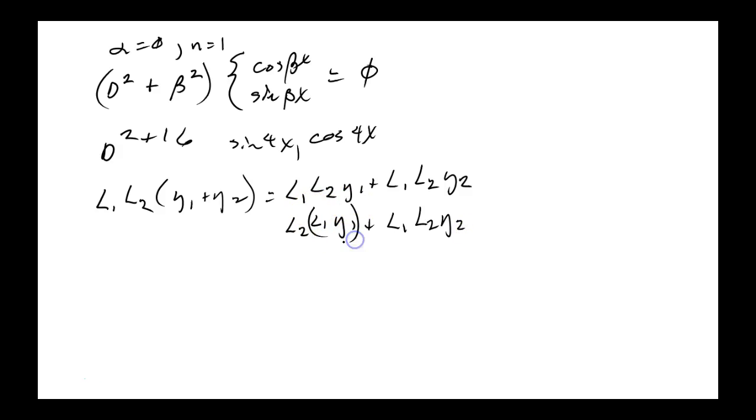But this right here, this is what we were given. L1 annihilates y1. So basically, this goes to 0. And L2 annihilates y2. That means that goes to 0. If both of those go to 0, then L2 operating on 0 is going to be 0. L1 operating on 0 is going to be 0. And this is indeed equal to 0.